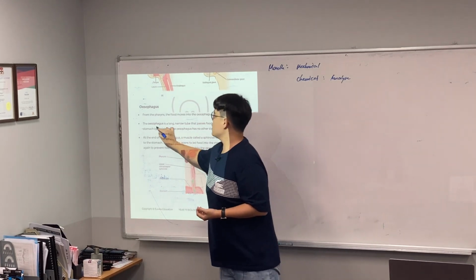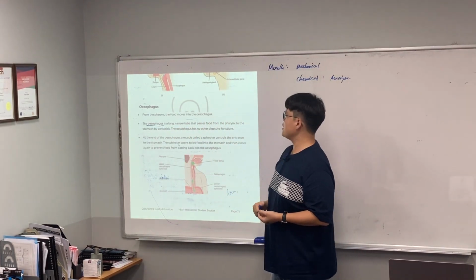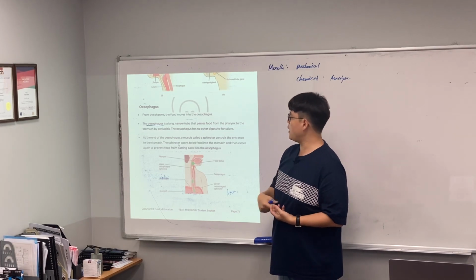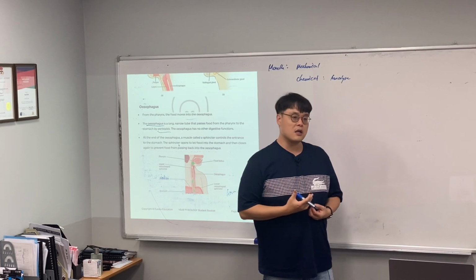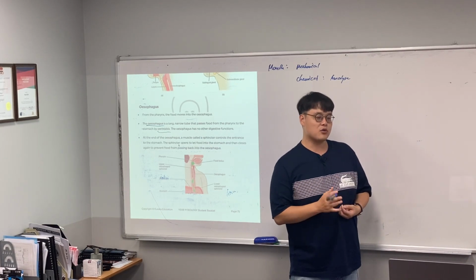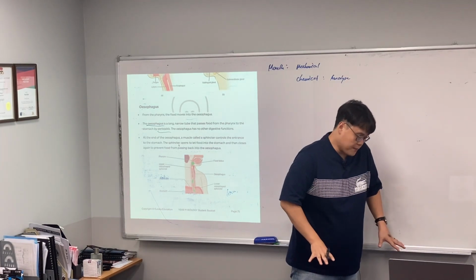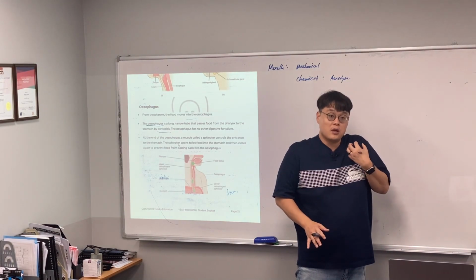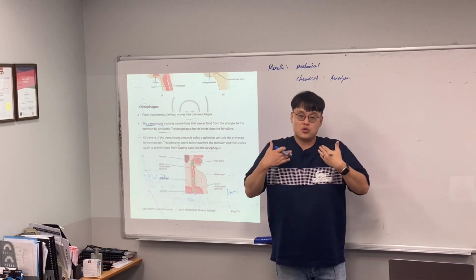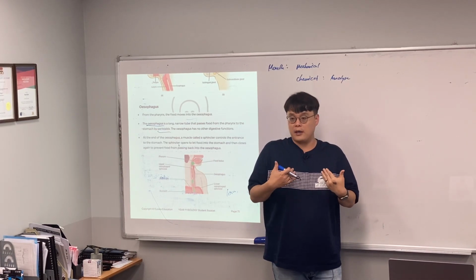So the oesophagus is a long, narrow tube that passes the food from the pharynx to the stomach by peristalsis. Guys, to understand the meaning of that, try this, but don't try it at home. You go upside down and try chewing the food and swallowing the food. The food is coming down the tube not because of gravity.